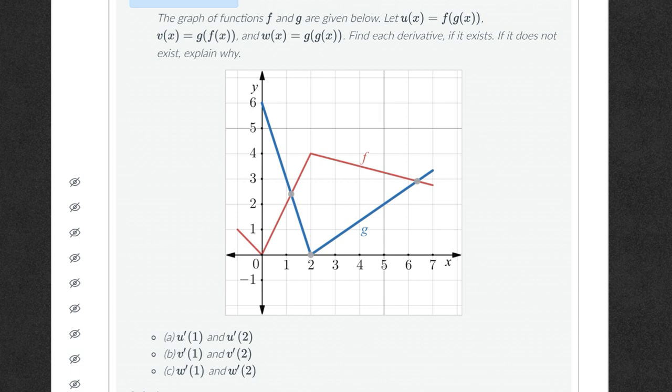First, every time we need to evaluate the derivative, we need to find the derivative first. If we want to evaluate u prime of 1, we need u prime of x first.